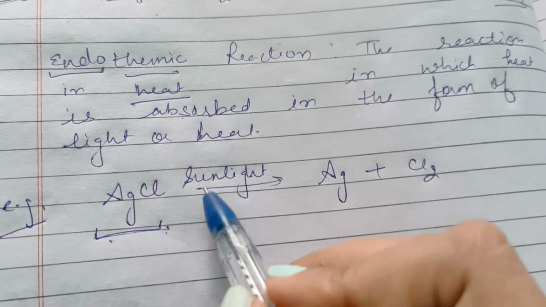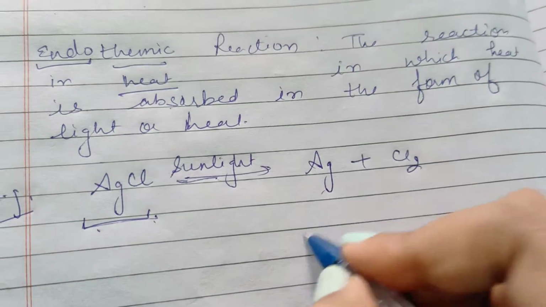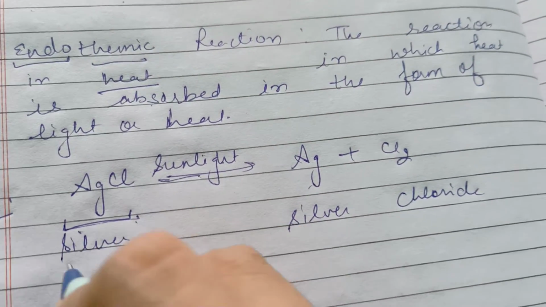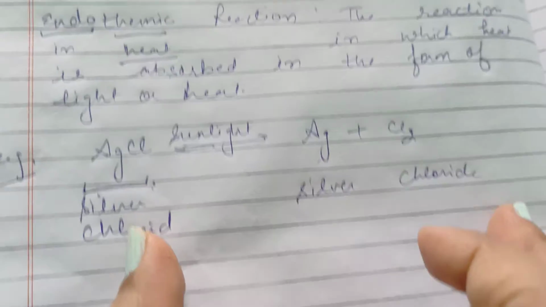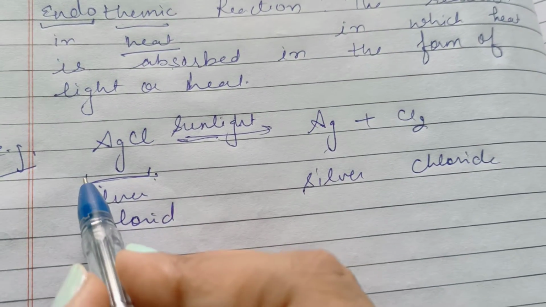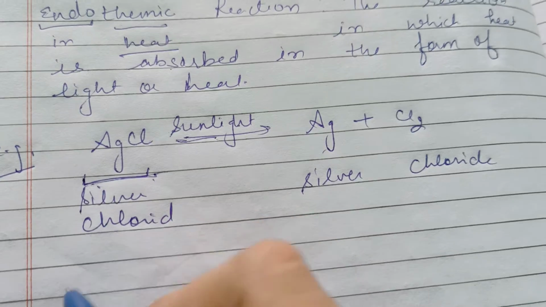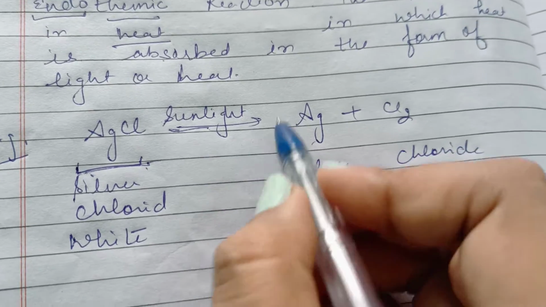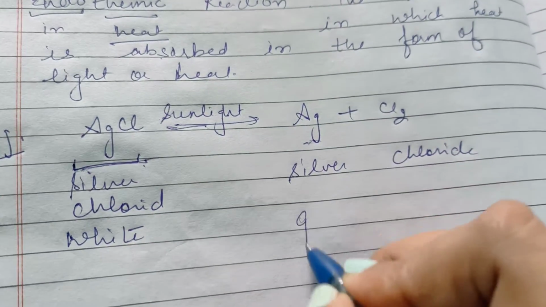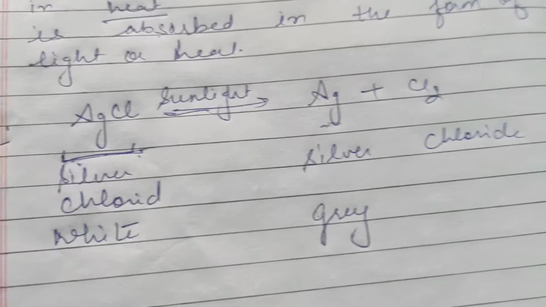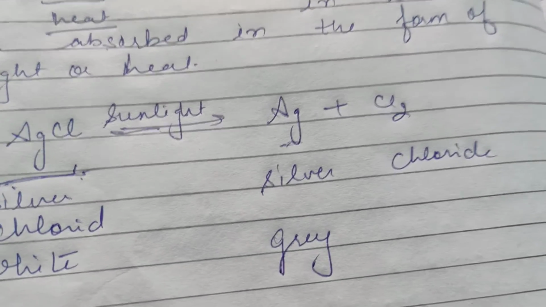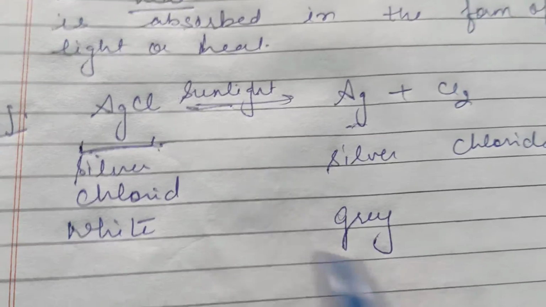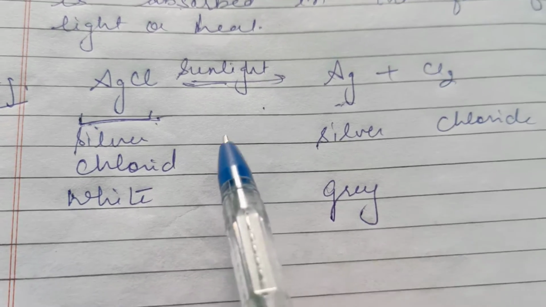Silver chloride is white, and after absorption of sunlight, the color changes into gray. This is an important reaction from the examination point of view.